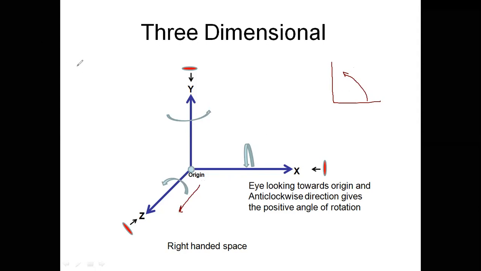So we would have three rotation matrices: rotation along the x-axis by an angle theta, rotation along the y-axis, and rotation along the z-axis. Some other rotations may also take place, but we will stick to these rigid rotations.